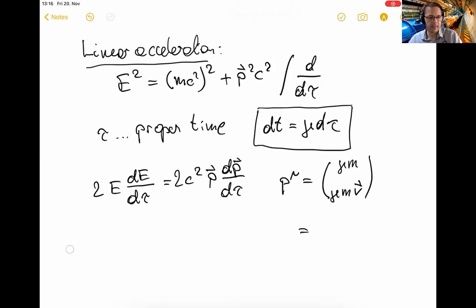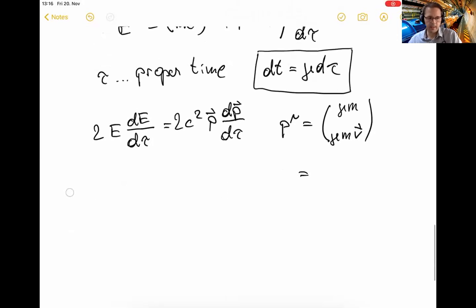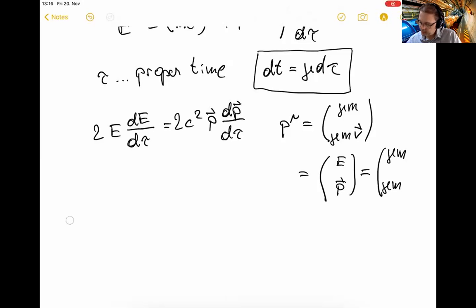We can also write this as E and the 3-component of the momentum. I'm just giving you options so that you can check these calculations if you want in all their glory. And here we have beta and c.